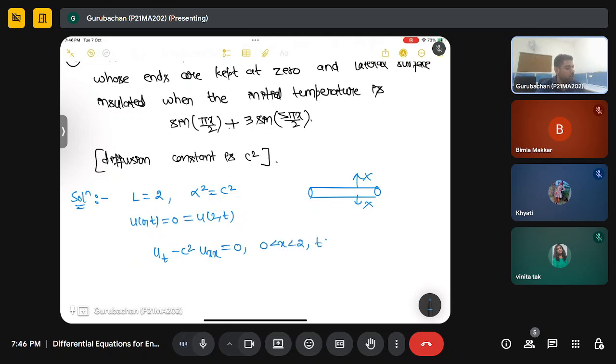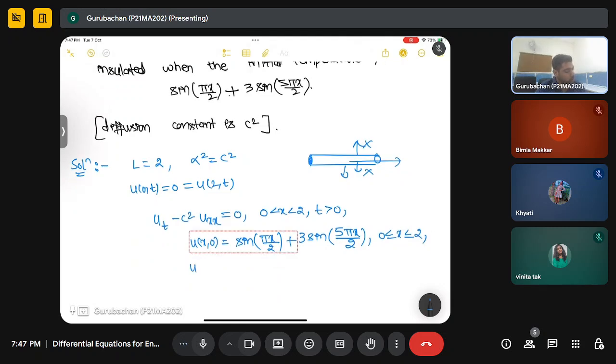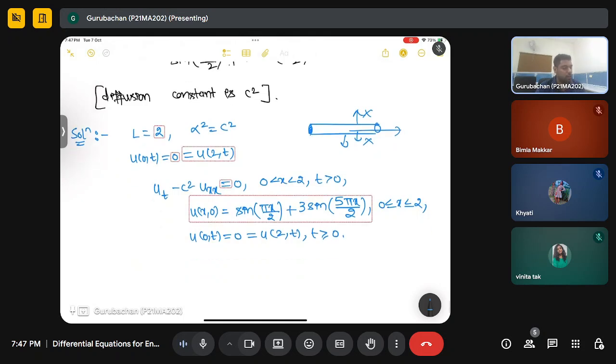If you write it appropriately, this equation will look like the heat equation, where x lies between 0 and 2, and ux0 is given as the initial temperature, sine pi x by 2 plus sine 5 pi x by 2, for x between 0 and 2, and u0t is 0 equal to u2t, where t is any positive real number.